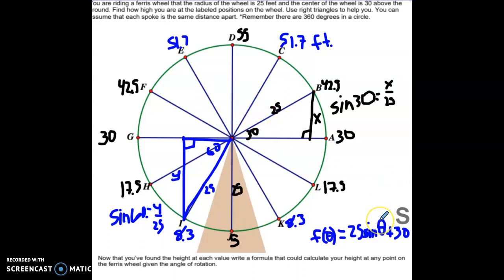So our theta is 120. So I go 25 times the sine of 120. And you should grab a calculator and do this along with me. It's really kind of cool. 51.7. Awesome, right?